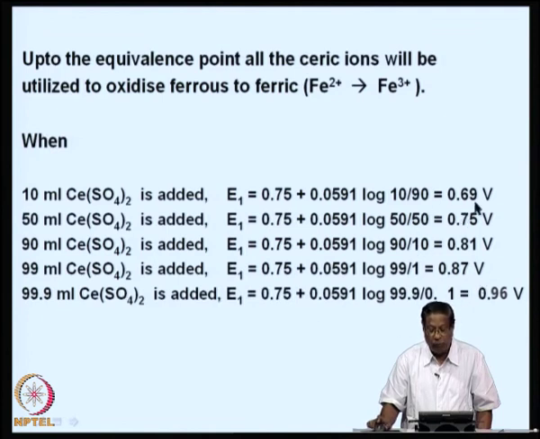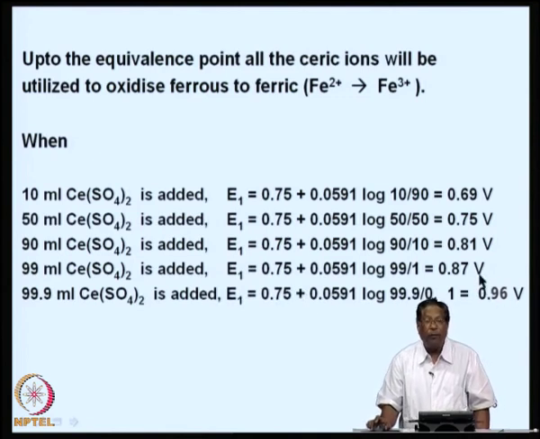You have to remember here that the values are changing almost in an arithmetic fashion, that is 0.69, 0.75, that is 0.06 difference, and then 0.75 to 0.81 is again 0.06, and 0.81 to 0.87 is 0.06, and 0.87 to near the end point is a big jump here.